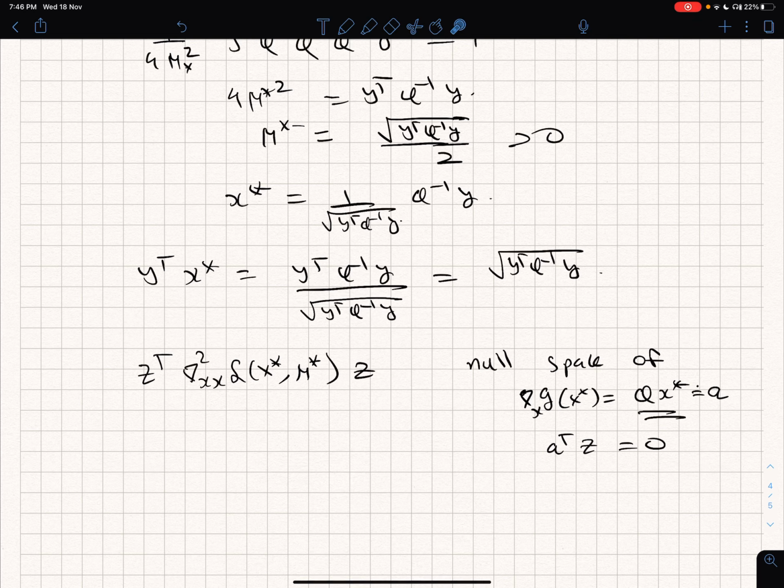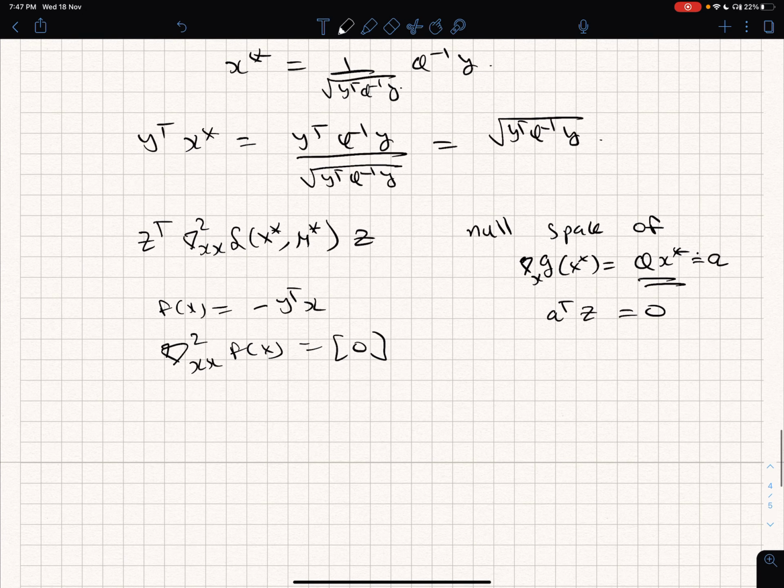Now what is this thing here? The objective function is of the linear form, right? F of x is of the form minus y transpose x. So if I look at its Hessian, it's a zero matrix.